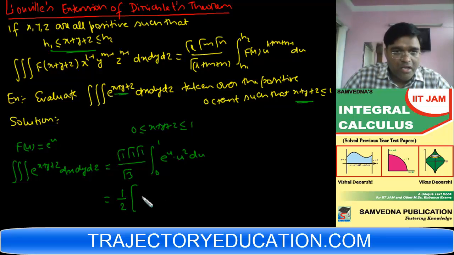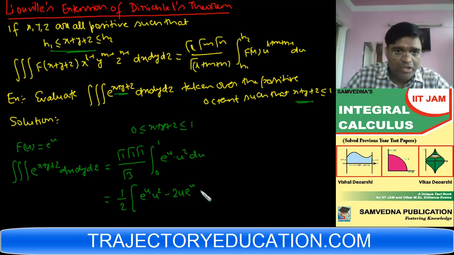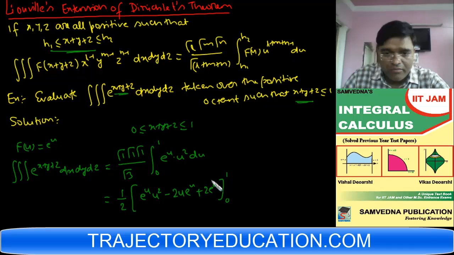So how will we integrate this? We can use integration by parts. That will give you u square e^u minus 2u e^u plus 2e^u from 0 to 1.